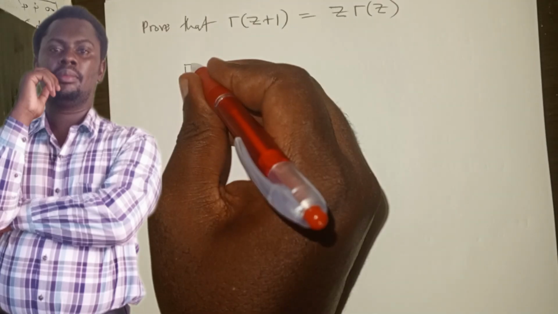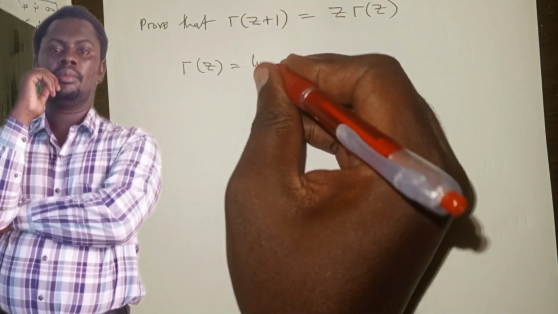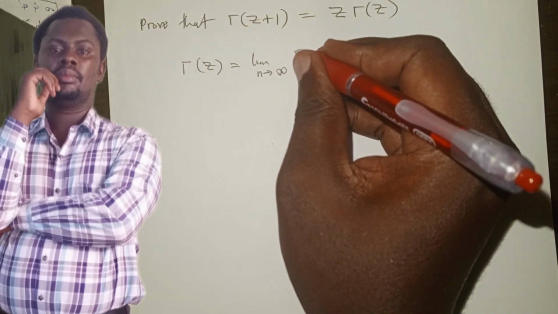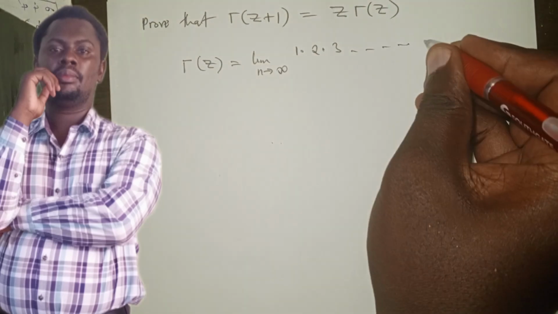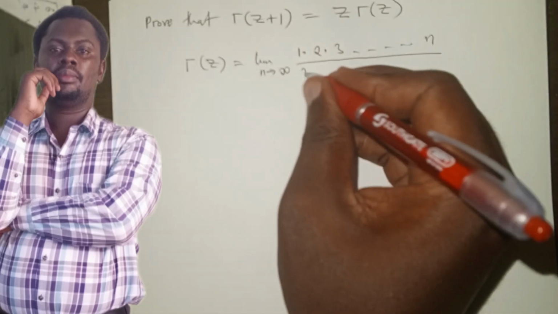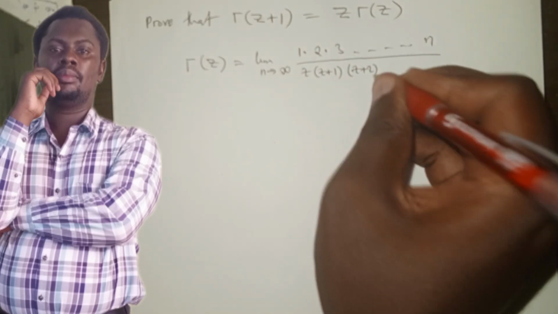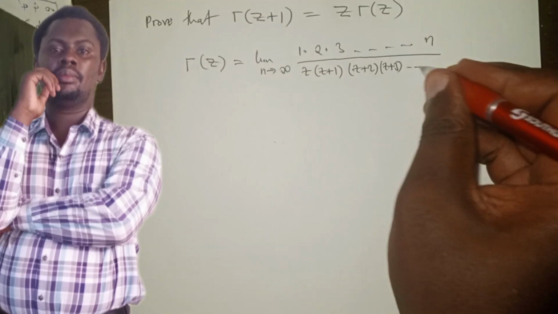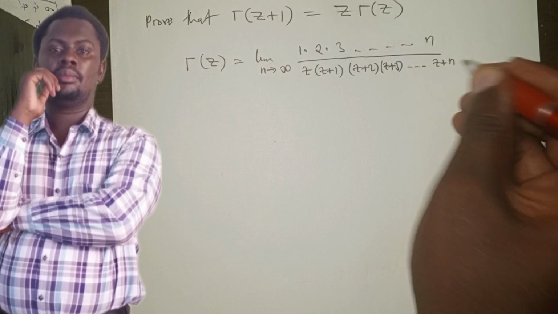Gamma of z is equal to the limit as n approaches infinity of the product of 1, 2, 3, all the way up to n, over z plus 1, z plus 2, z plus 3, up to z plus n.